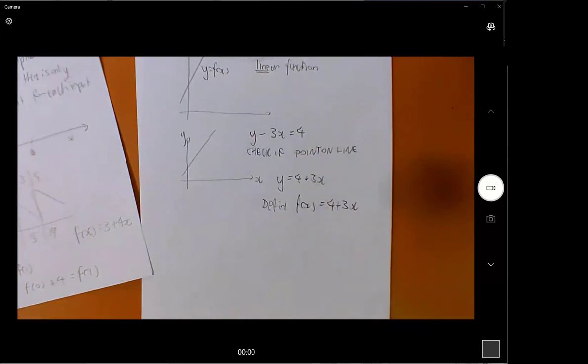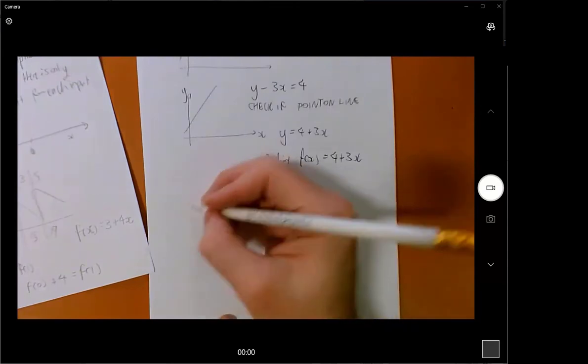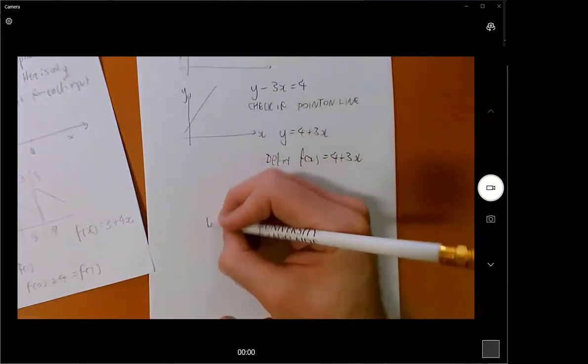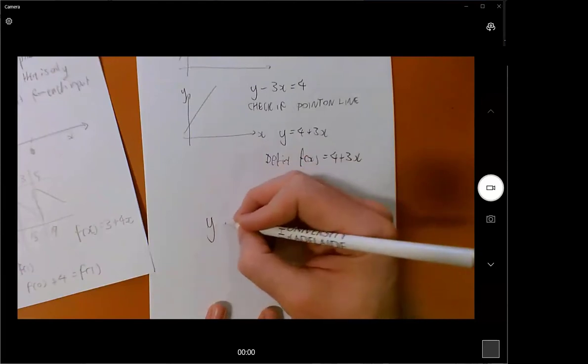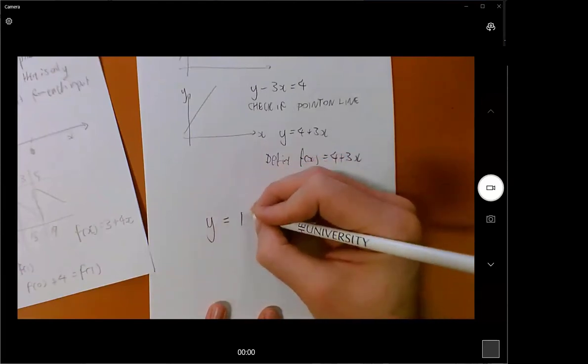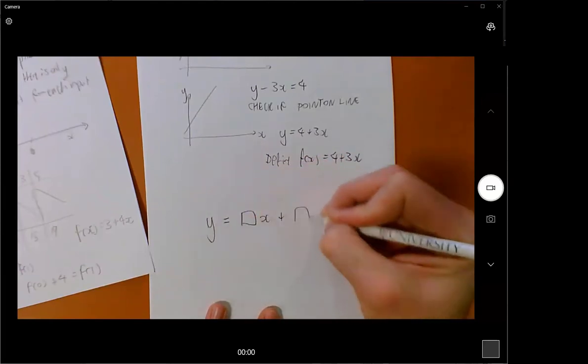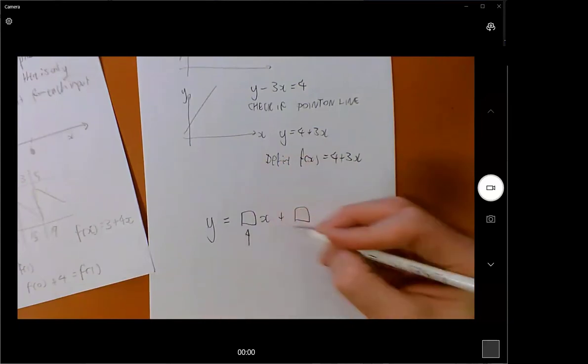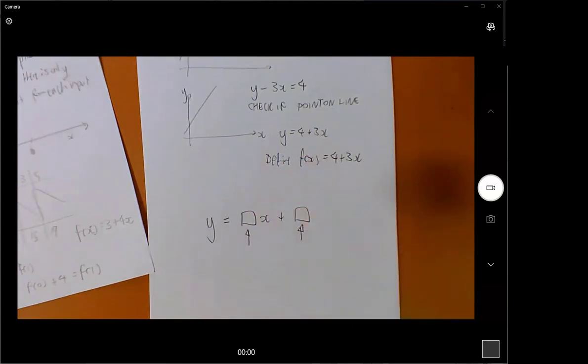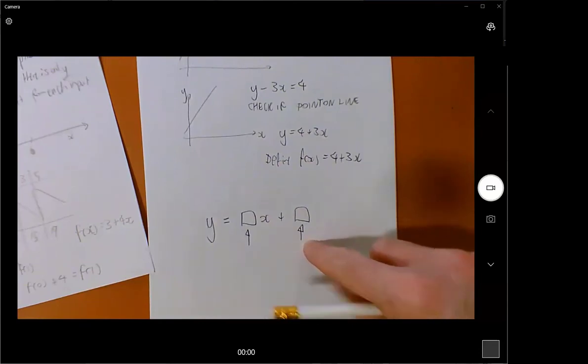Okay, cool. And we can discover that the numbers in these positions can tell you the shape of the graph. This one is the y-intercept, which is the place where it crosses the y-axis.